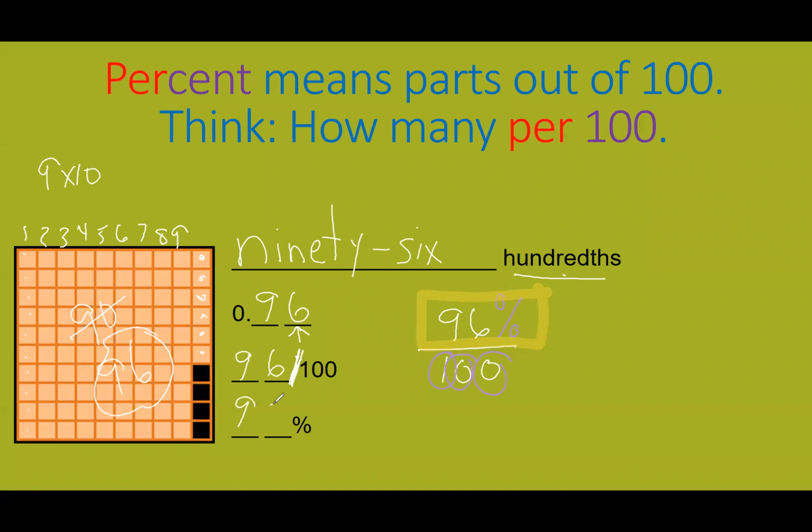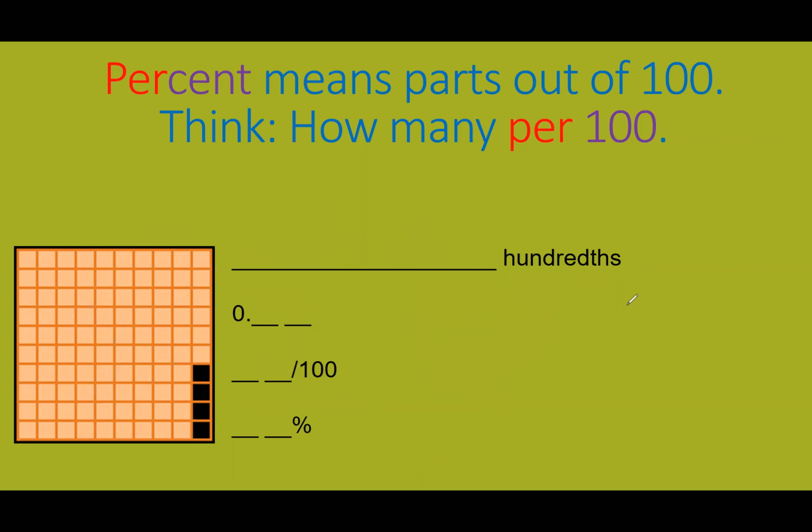It's that simple, guys. If it's 96 out of 100, it's 96%. If it's 12 out of 100, it's 12%. If it's 1 out of 100, it's 1%. That's it. So if you have a test, and in that test there are 100 problems, and out of those 100 problems you got 75 correct, that means you got 75 out of 100.